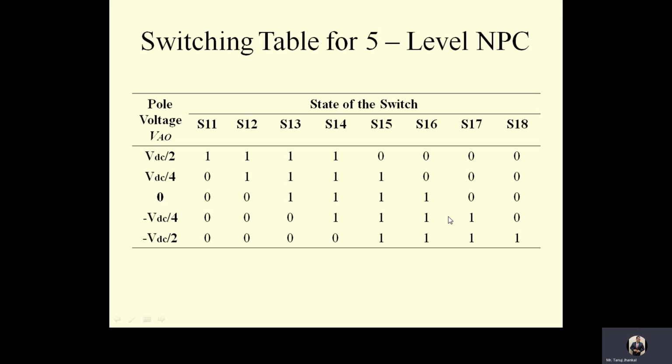And to achieve the mid voltages between plus VDC by 2 to minus VDC by 2, we will use different switching states to achieve those voltage levels.